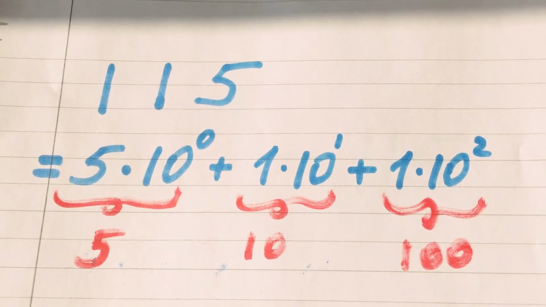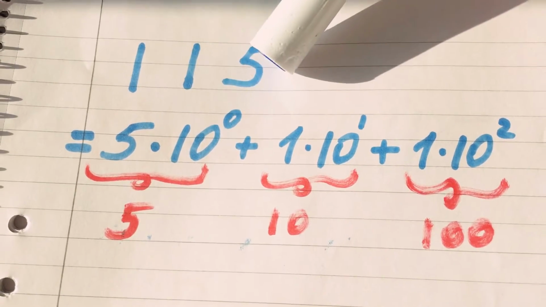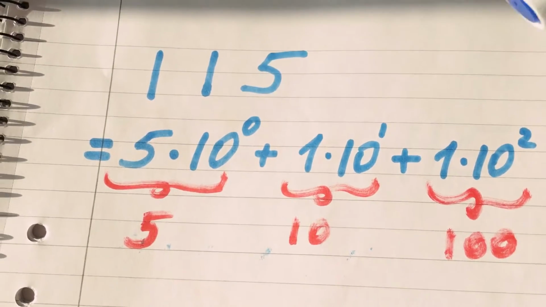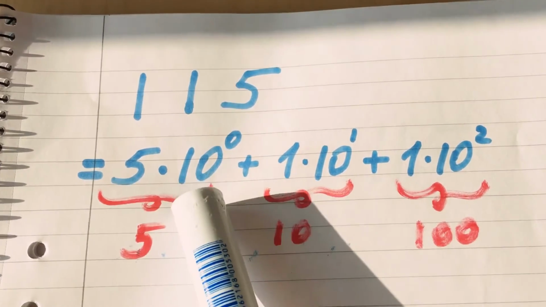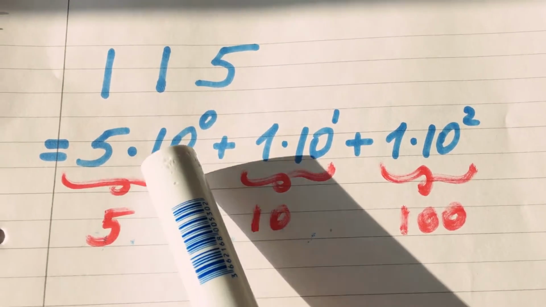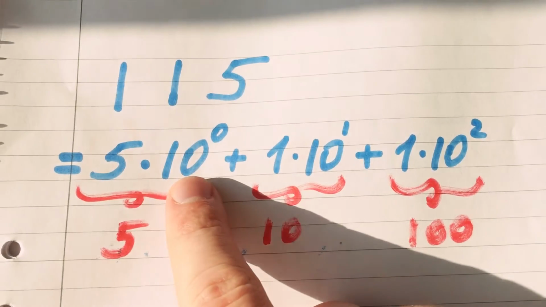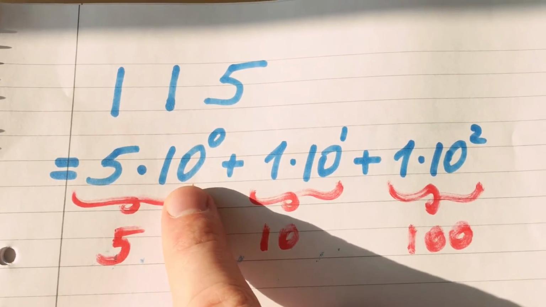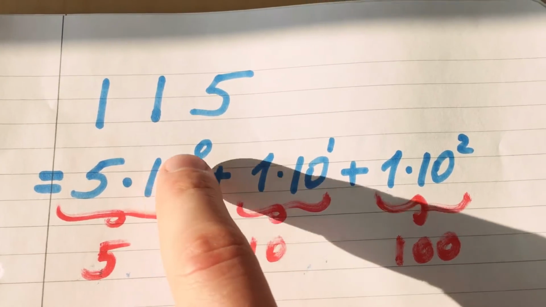What does it actually mean? Well, it means that we take the last digit here and we take that times 10 raised to the power of 0. Why do we take 10? Because the base is 10. So we take the 5 here and multiply it with 10, because we are operating in base 10, and because it's the last number, we use a power of 0.